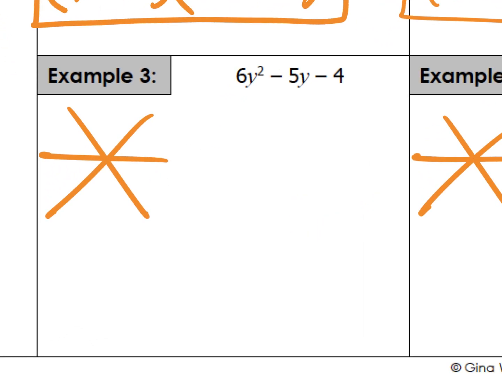Who thinks they got number 3? I saw one right answer. I didn't see a lot of final answers, so it doesn't mean only one person got it right. Okay, I'm curious what you got. What was your final answer? Isaiah, what'd you get?